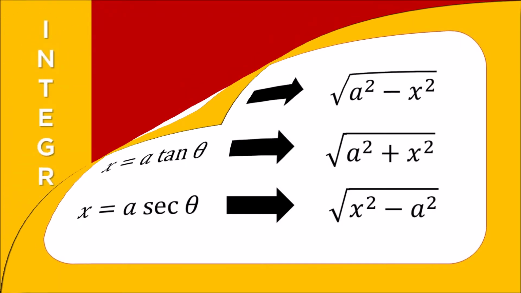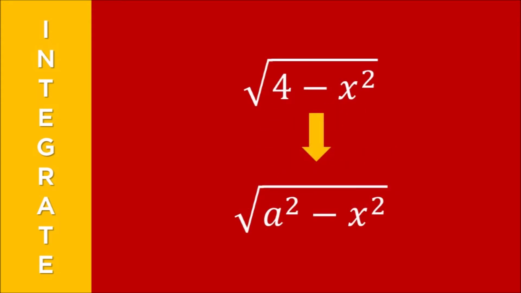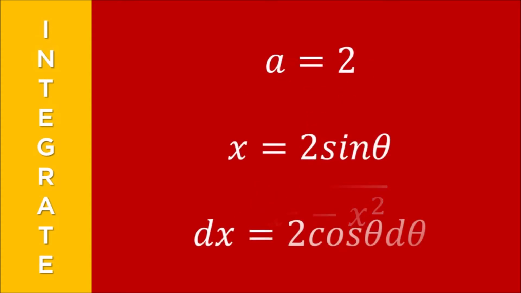Now, let us go for examples. Integrate x squared over square root of 4 minus x squared dx. So first, identify the a and the trigonometric substitution to be used. As you can see, the square root of 4 minus x squared matches the first case. So, a is equal to 2 and x is equal to 2 sine theta.